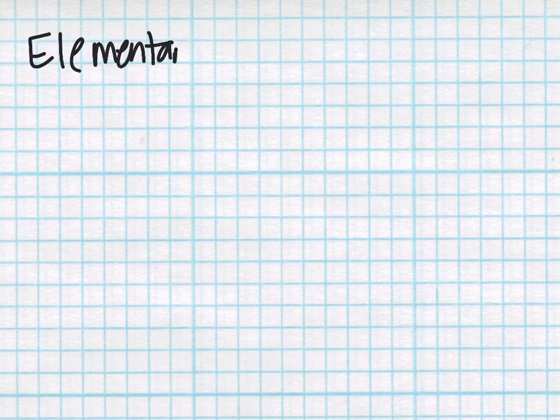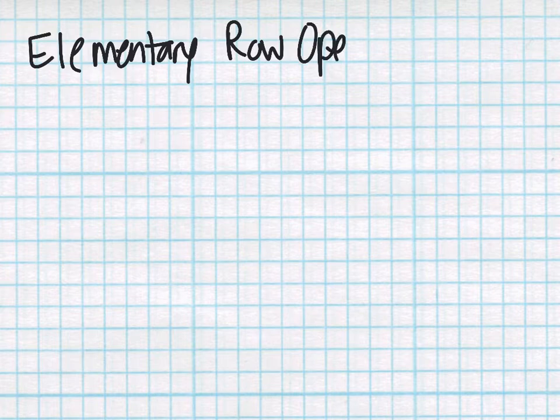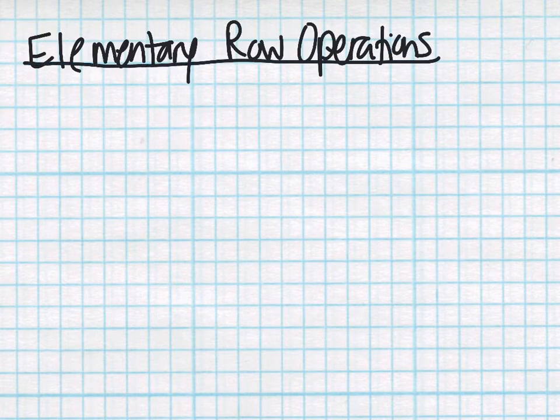So we're going to talk about elementary row operations on a matrix. These should seem familiar from talking about Gaussian elimination. First thing that you can do is you can interchange any 2 rows.